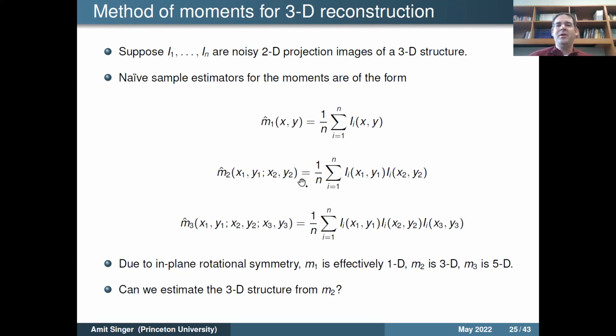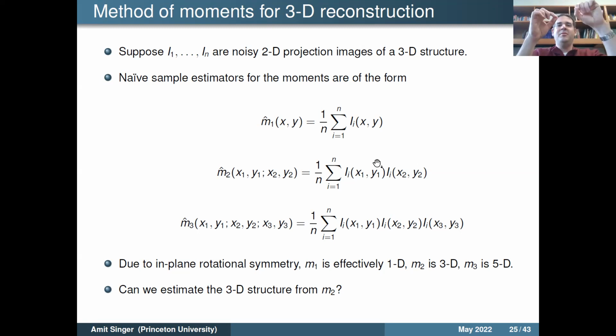So this sum, you can think of as a Monte Carlo integral, a way to compute an integral in a Monte Carlo fashion. And the order of the summation doesn't matter.